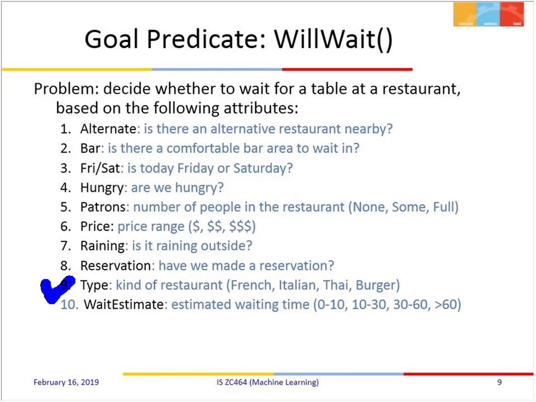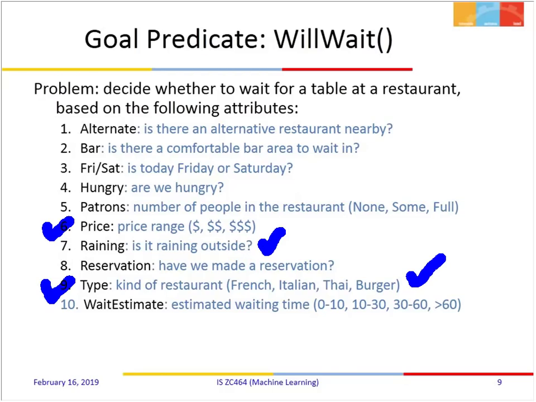Today you can see that everywhere there is a big crowd, big rush. So this itself may not be the criteria for deciding whether I have to wait or not. Of course, if it is raining outside, the price range or several other things will matter, and we will see which one is the most important.